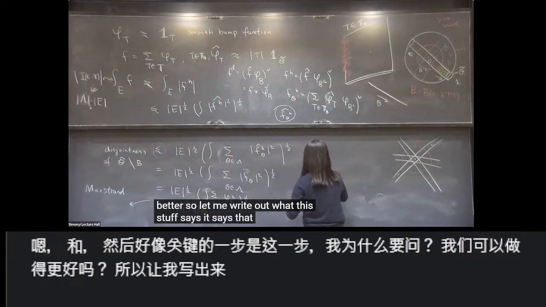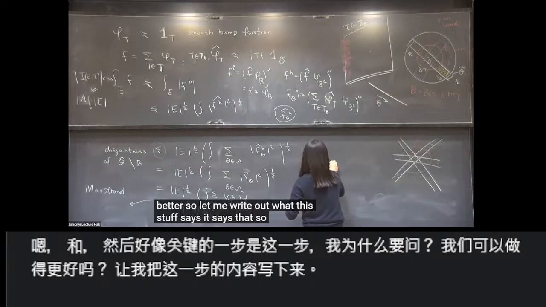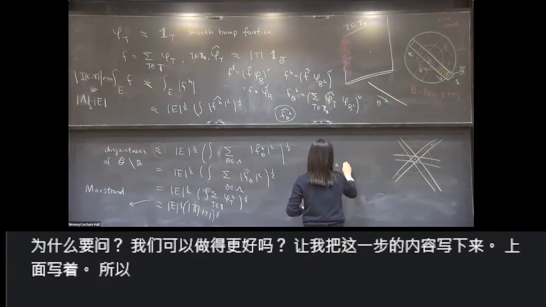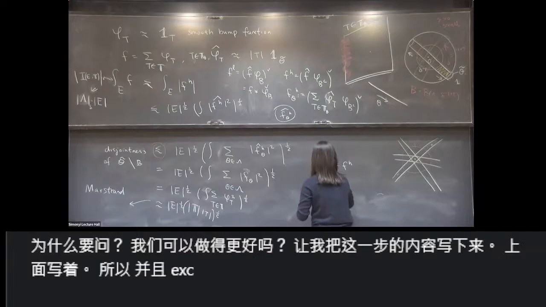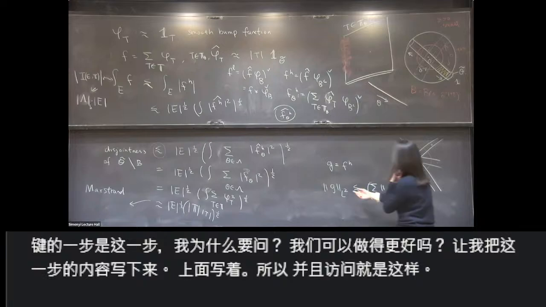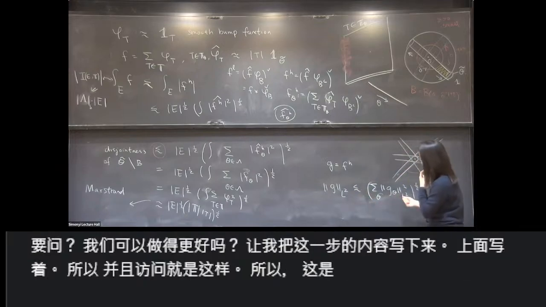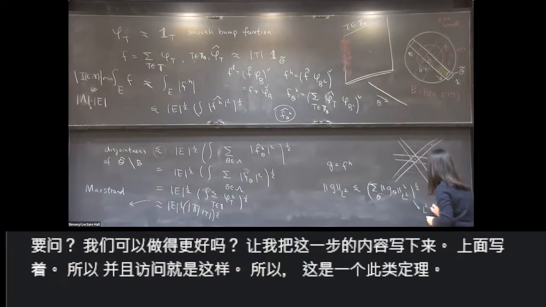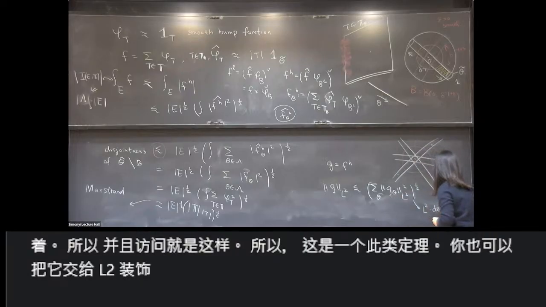It says that, let's say G is FH, and it's a theorem of this type. You can also give it a name called L2 decoupling. That's the decoupling inequality that we are going to discuss.